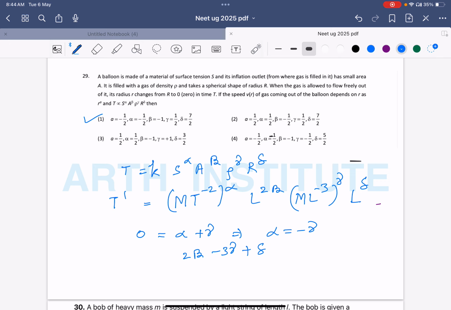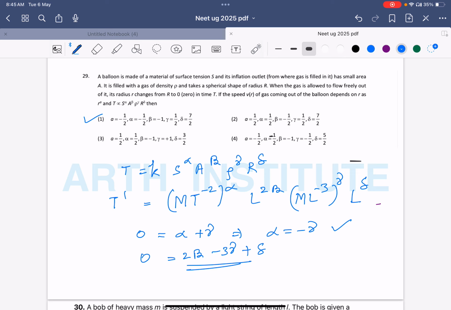Now you can see there are three terms, beta, gamma, and delta. So in this particular case, the deciding thing could be alpha is equal to minus gamma, because incidentally only one choice is unique. So therefore I'll mark 1 as the correct answer.